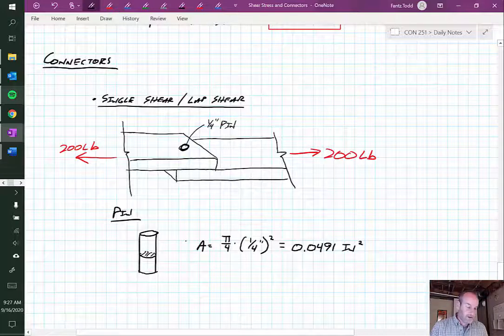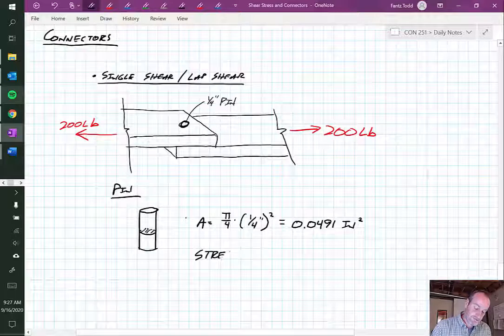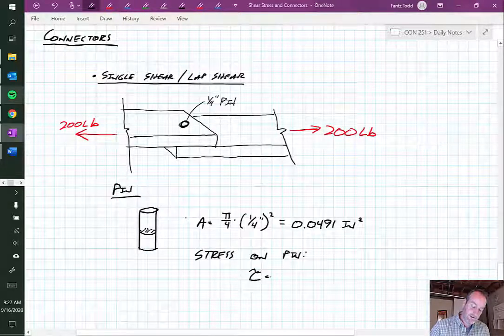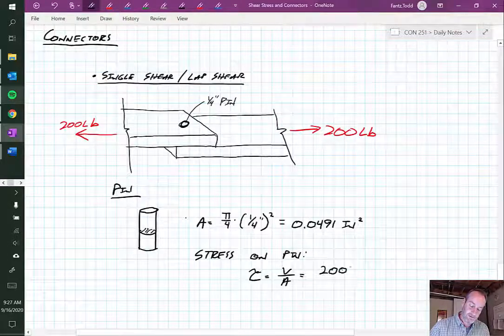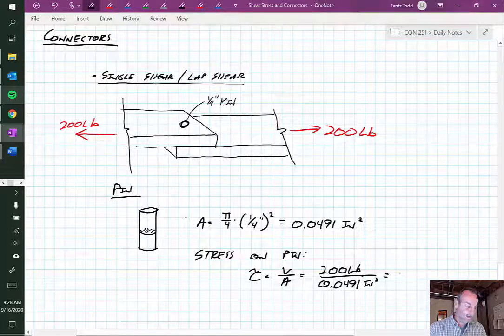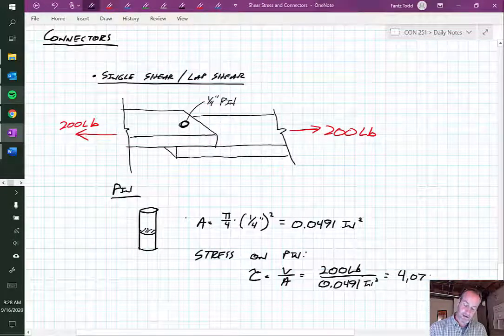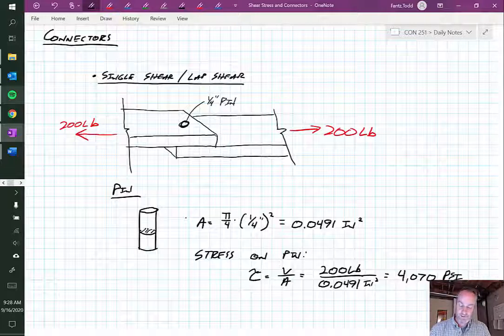So if I wanted to know the stress on that pin to make sure it isn't going to fail, I can plug that into the equation. V, or the shearing force, over the cross-sectional area. I have a force of 200 pounds. The area is 0.0491. And that gives me something like 4,070, and the units in this case would be pounds per square inch because I'm starting off with pounds. Of course, I could convert that and say it's 4.07 KSI, right?